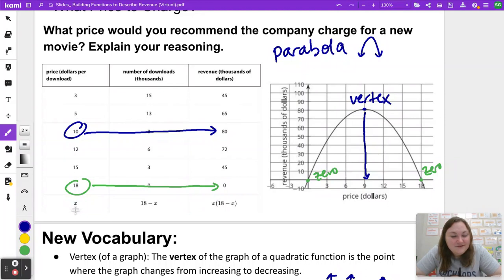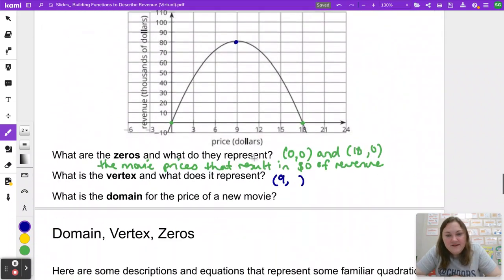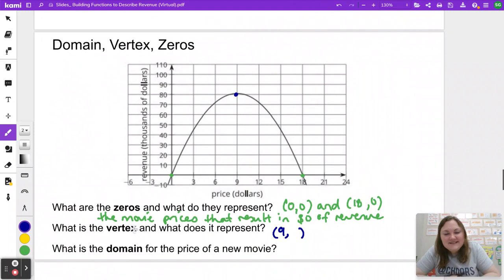If my price of the movie is $9, the number of downloads would be 18 minus 9, or 9,000 downloads. And then the revenue would just be 9 times 9, and the revenue would be 81,000, which is why it's a better price than 10, because you're making $1,000 more. So here I could say my vertex is at the point (9, 81).